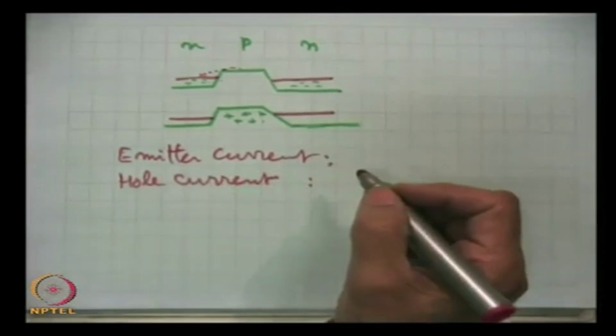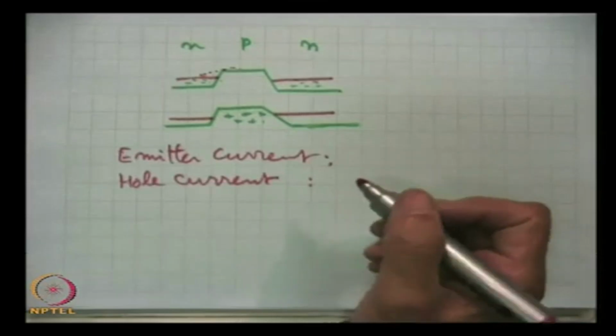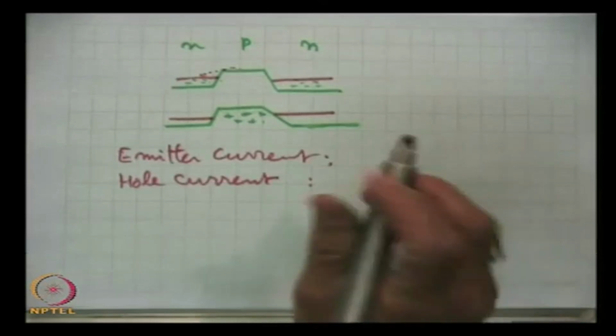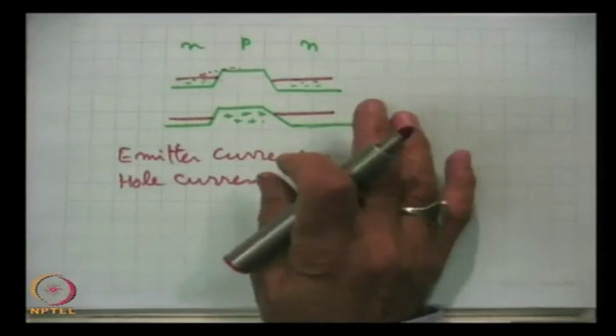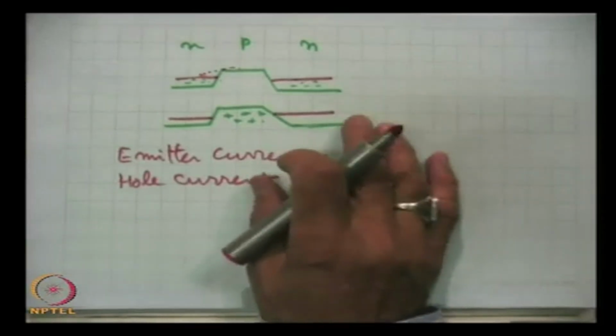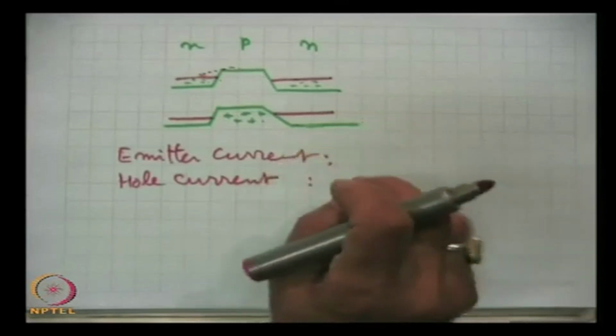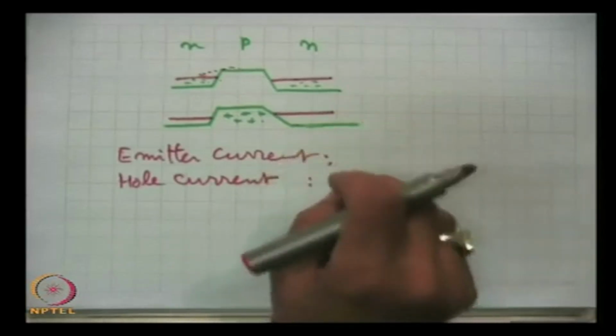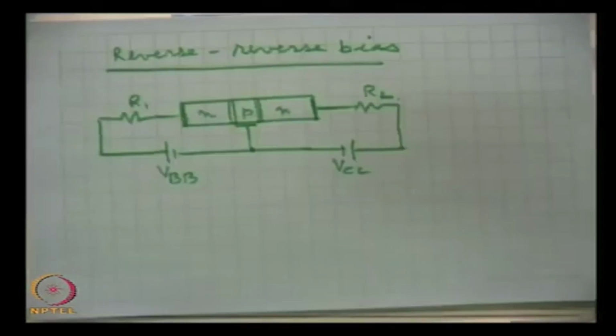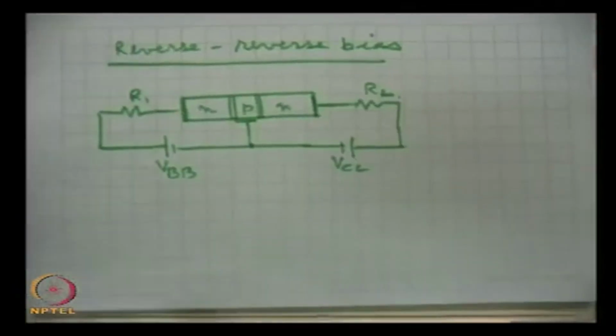But the fact that the two currents are independent makes this biasing scheme not suitable when we are going to use the transistor as an amplifier. Then we take reverse bias.